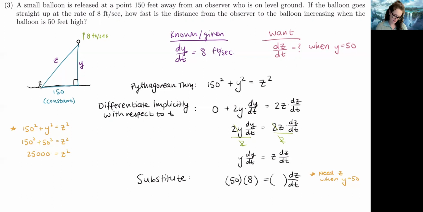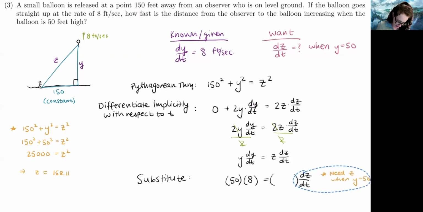And the way to solve for z here will be by taking the square root of 25,000. And that comes out to be about 158.11. So let's just leave it like that. For z, we would get plus and minus when we apply the square root, but we don't need the negative value. We can just take the positive one because z is a length. So let's say z is about 158.11.